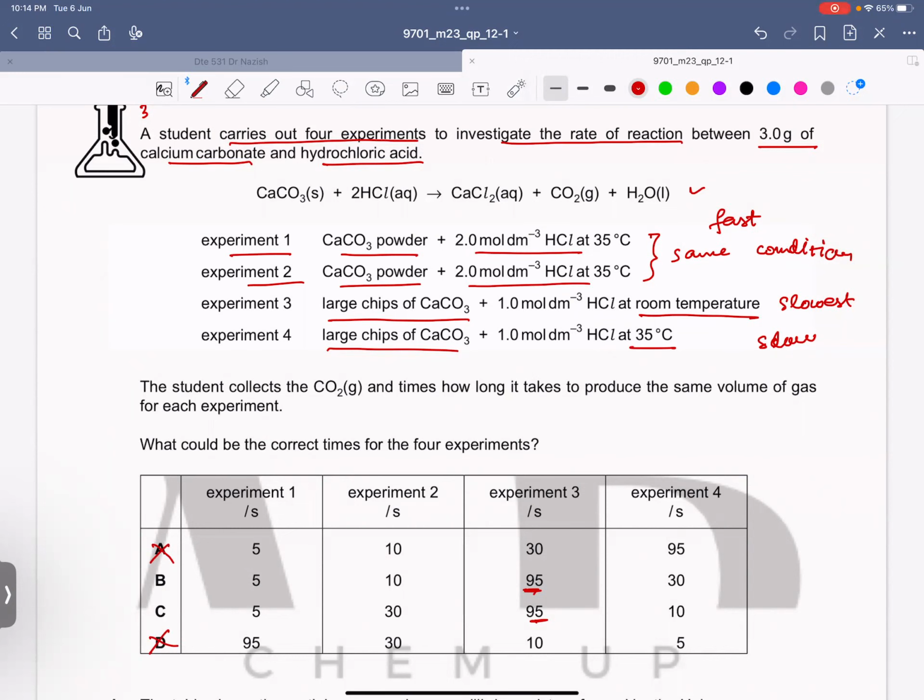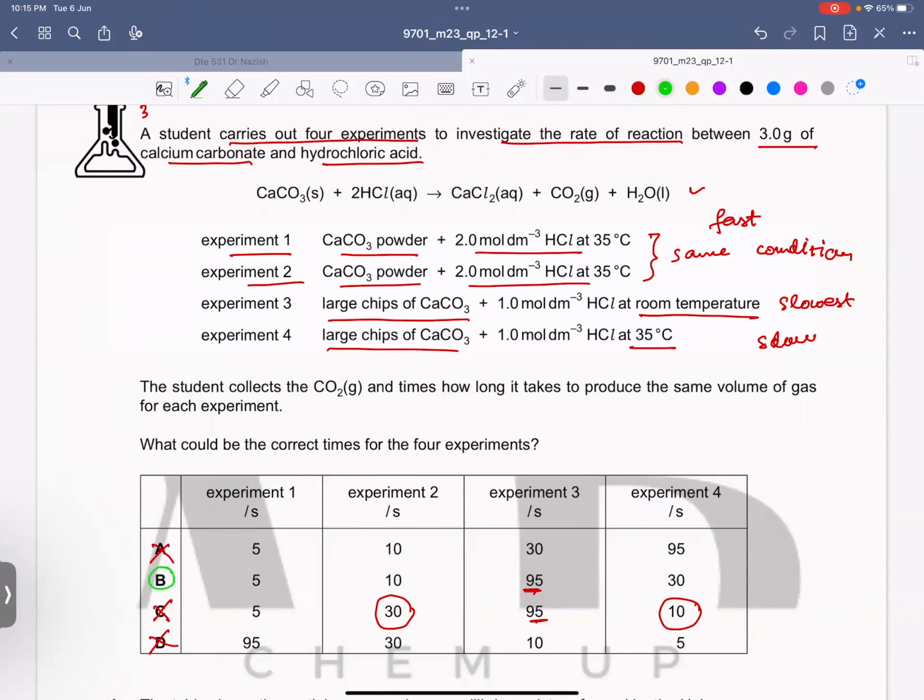Now we are left with B and C. If you compare B and C, C can be considered wrong because experiment 2 is taking more time than experiment 4, which is not possible because experiment 2 has 2 mol per dm cubed hydrochloric acid with calcium carbonate being a powder. So it would take less time than experiment number 4. That's why C goes wrong as well. So we are left with option B only.